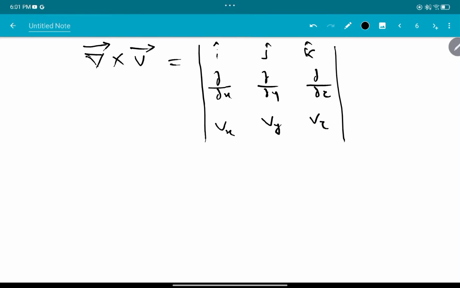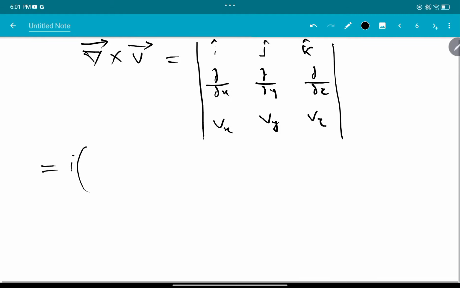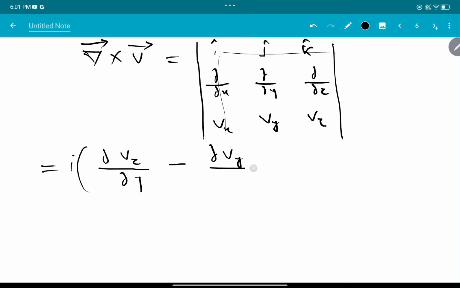Now if you expand this, you get the i component, which is del vz by del y minus del vy by del z, plus j. If you write plus j, then you will have to do one thing.